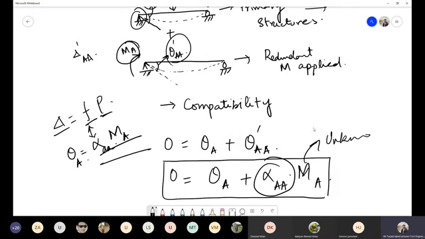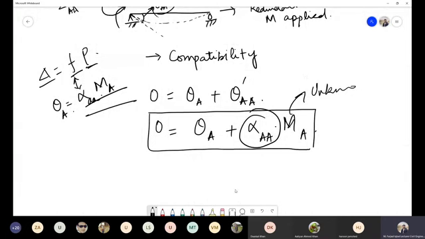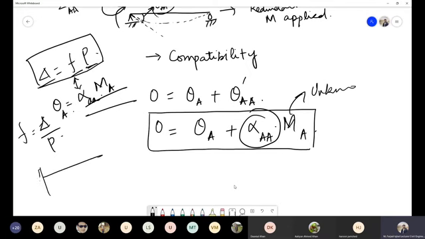What is alpha A? Last time I told you about the flexibility. From this equation we can see that the flexibility is the deformation when a unit load is acting. Similarly, this angular flexibility is the rotation in the structure when a unit moment is applied. For example, we have this beam, and if this is the unit load that is acting, then the deflection produced in this beam will be equal to flexibility.